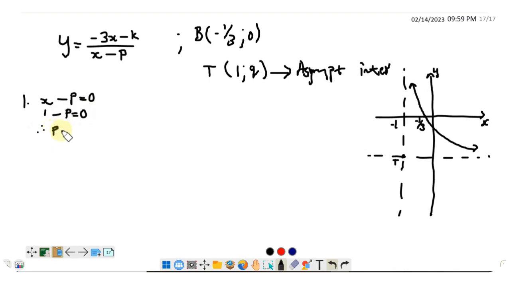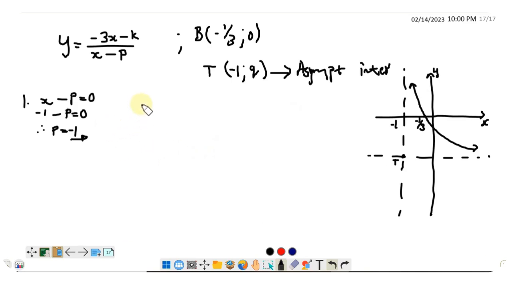Therefore, P equals to 1. Sorry guys, this is negative, because it is on this side, the left side of the y-axis. So P equals to negative 1, because the asymptote is negative 1, not positive.